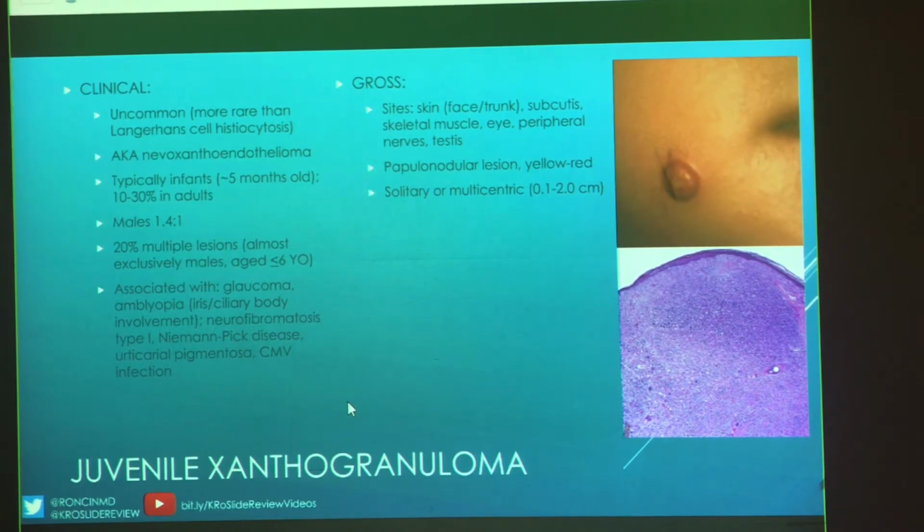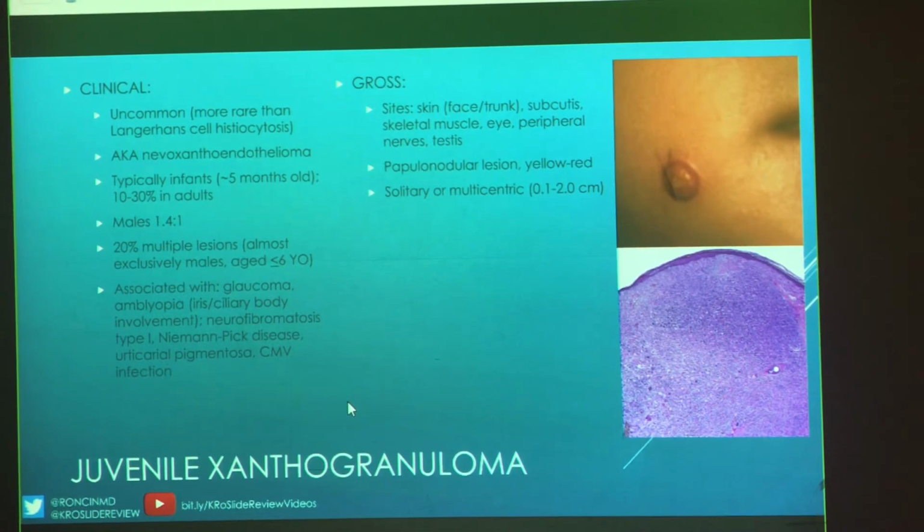There's a very slight male predominance, and about one fifth of these cases will have multiple lesions, which is almost always seen in males who are almost always age 6 or younger. There are a lot of different things associated with this. Again, we see neurofibromatosis type 1 come back, Niemann-Pick disease, urticaria pigmentosa, and CMV infections can also be associated with this.